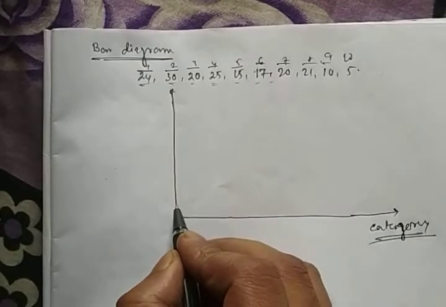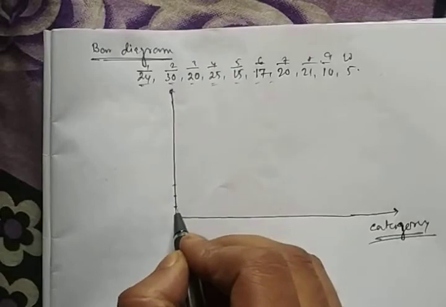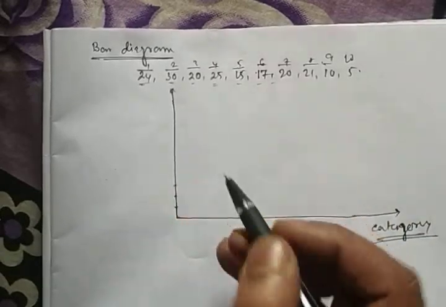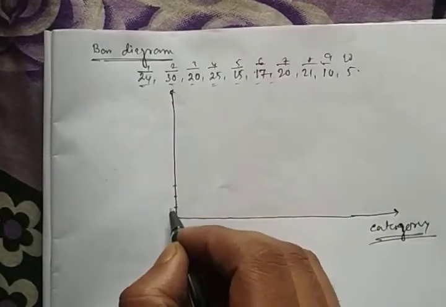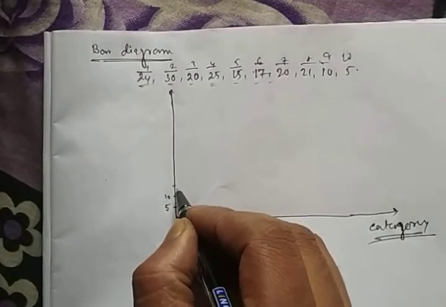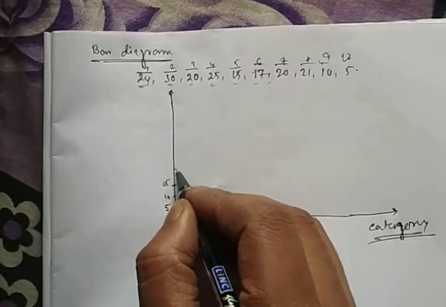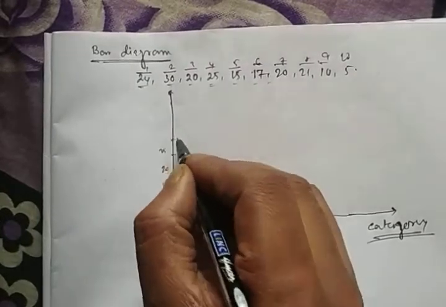The second direction represents the value corresponding to this category. So we will set a unit distribution. As the maximum value is 30, we will set the unit distribution up to 30: 5, 10, 15, 20, 25 and 30.